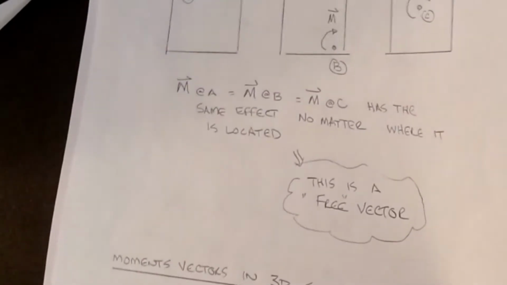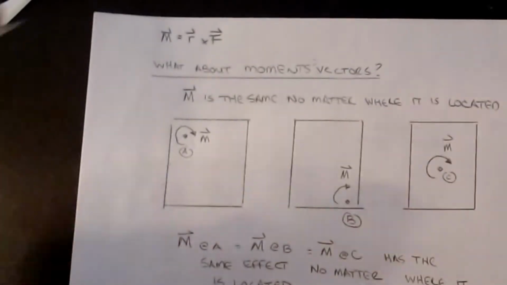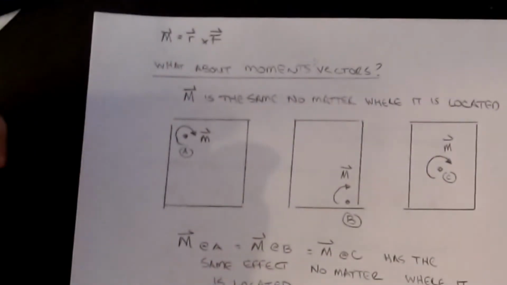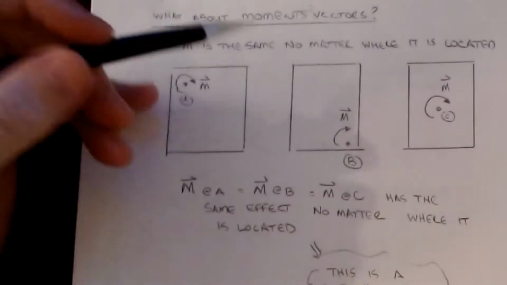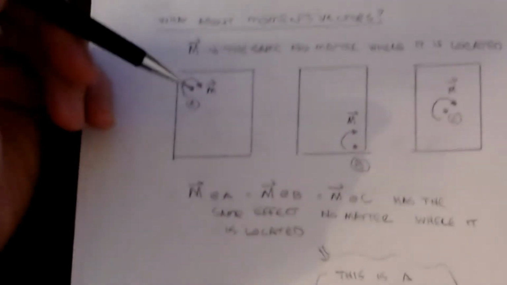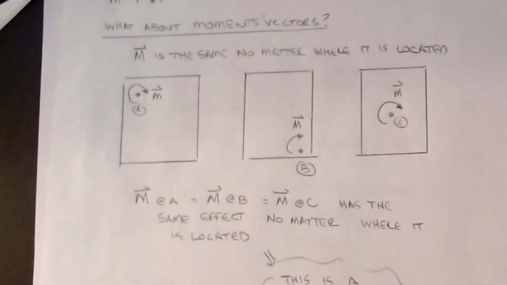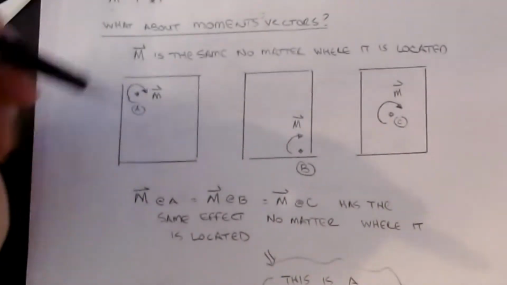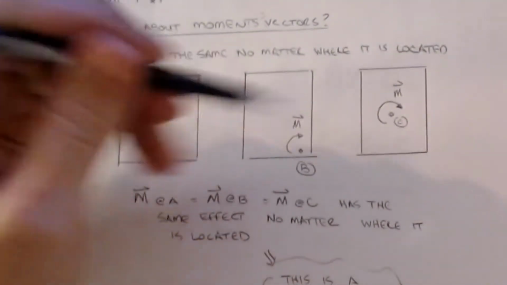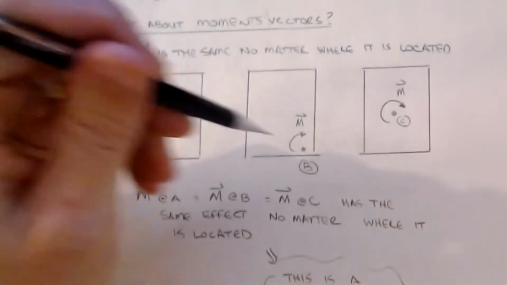Okay, so we've got this idea of a force vector being a sliding vector. And again, here's my moment equation, R cross F. But what about moment vectors? Well, because moments are rotations, it turns out that a moment is a different type of vector. In fact, the rotational effect on this object is the same regardless of the point that I choose.